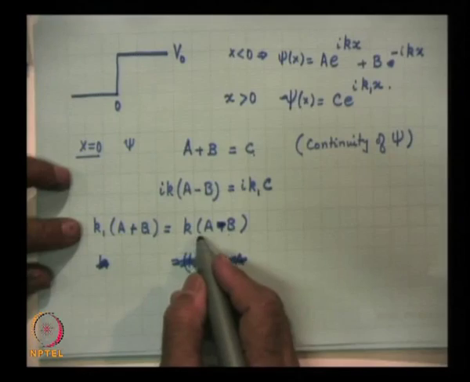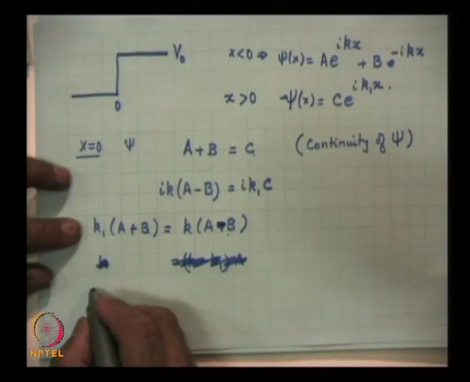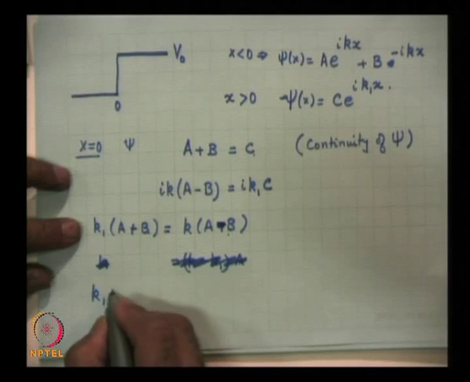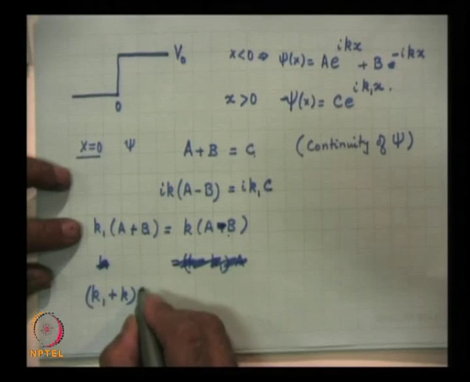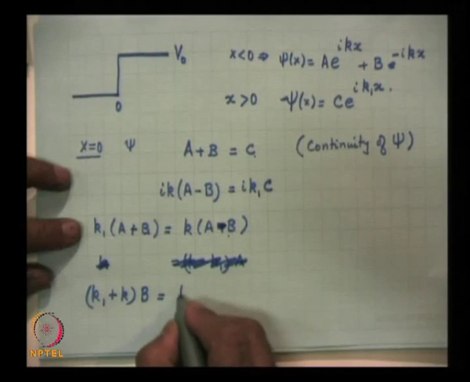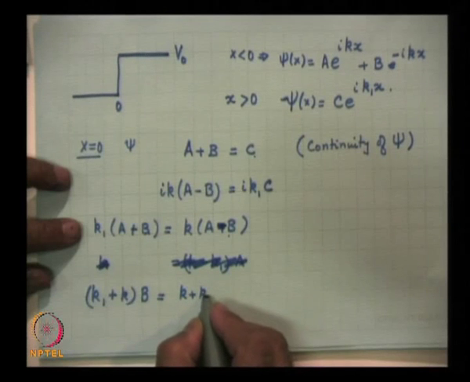Therefore I bring the b here. I will get k1 plus k into b is equal to k plus k1 into a.